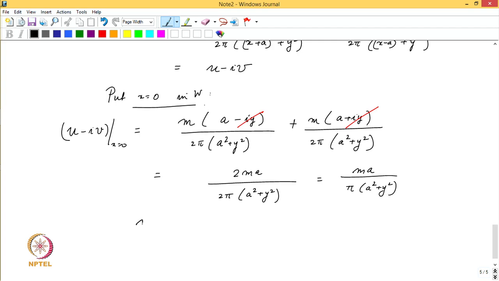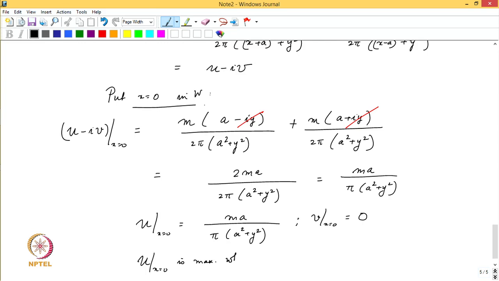So, clearly u at x equal to 0 is this number, and v on x equal to 0 is 0, because there is no imaginary part that remains. We now have the velocity on the x equal to 0 line. More importantly, this velocity will be maximum when y is 0, when we are at the origin. That is the location where this velocity will be the maximum.